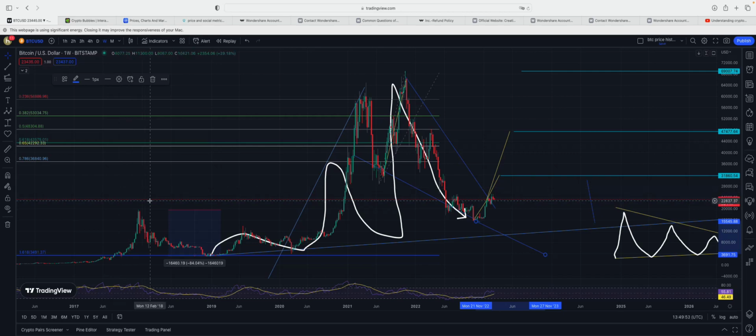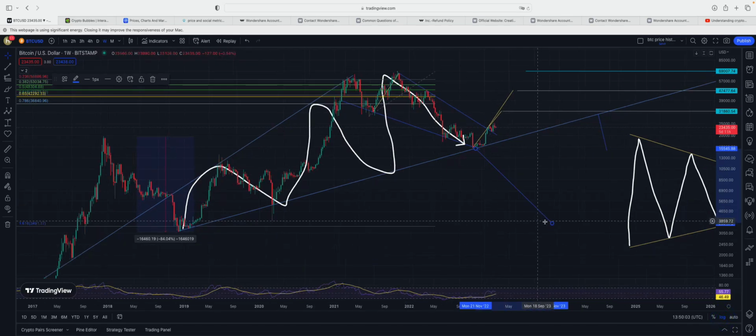So we have this right here putting us at 1.618 Fib, and we have another confluence. Let's switch back to log. You will see the 1.618 right here. The 1.618 is where this broadening wedge is targeting, and we also have that as the bottom of the wedge.